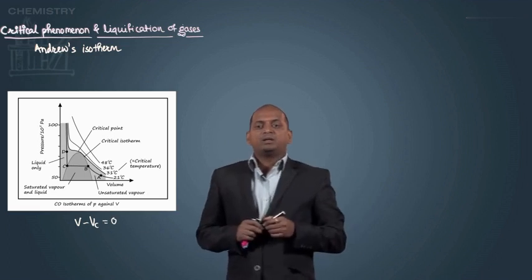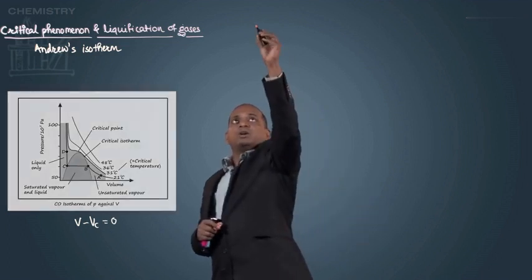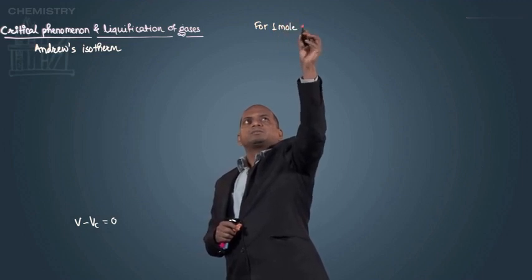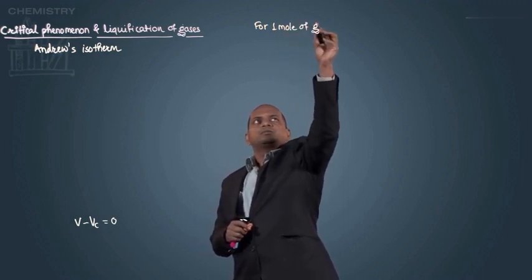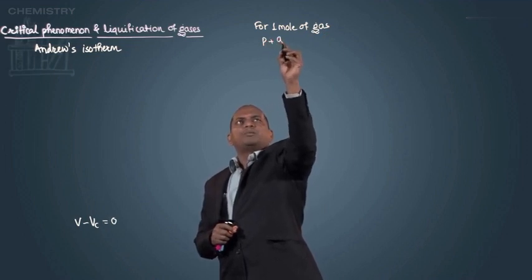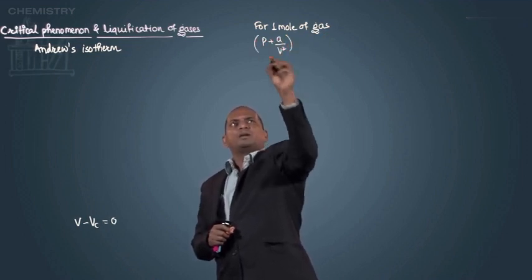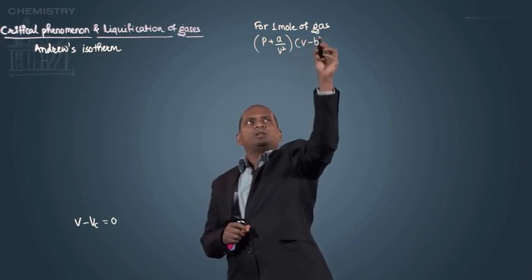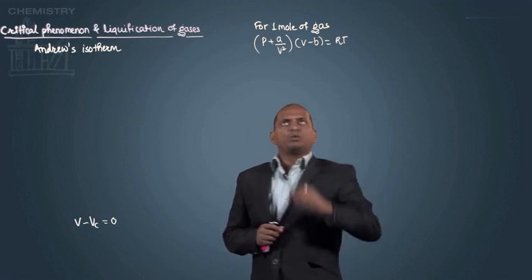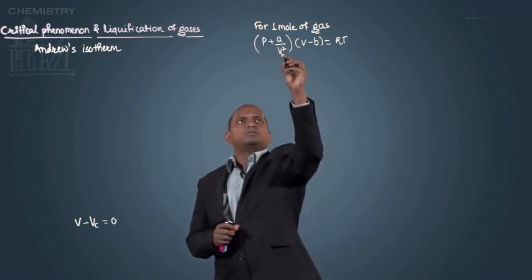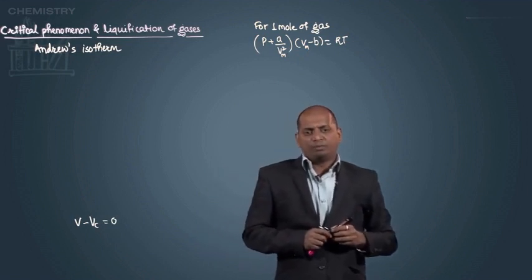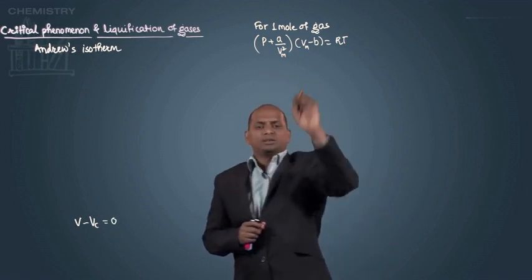Now, I will go to the van der Waals equation for 1 mole of a gas: (P plus a upon V square) into (V minus b) is equal to RT. Since we are talking about 1 mole, this volume V becomes Vm, which we call the molar volume. We can solve this.